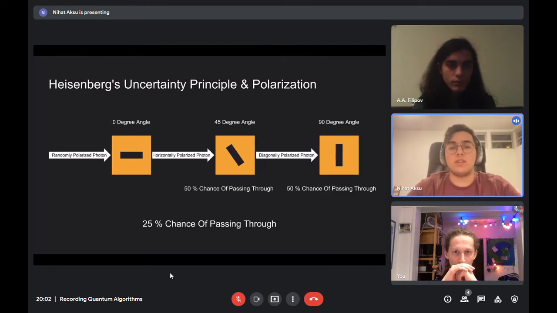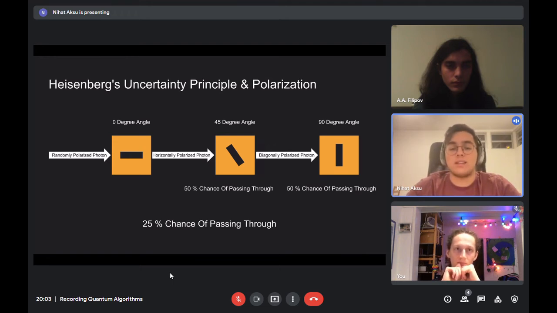However, if we change the situation a little bit and place a 45-degree angled diagonal polarizing filter between the other two filters, the horizontally polarized photon can pass through this diagonal filter, because when it becomes horizontally polarized, it loses all of its information about its diagonal polarization.